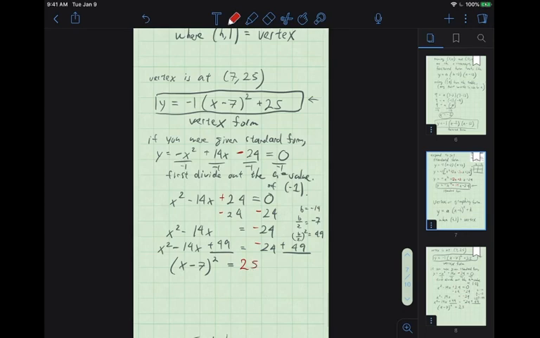And once we get here, notice we have to move this over. So this whole thing equals y. Okay, so then y equals negative 1 times (x minus 7) squared minus 25.